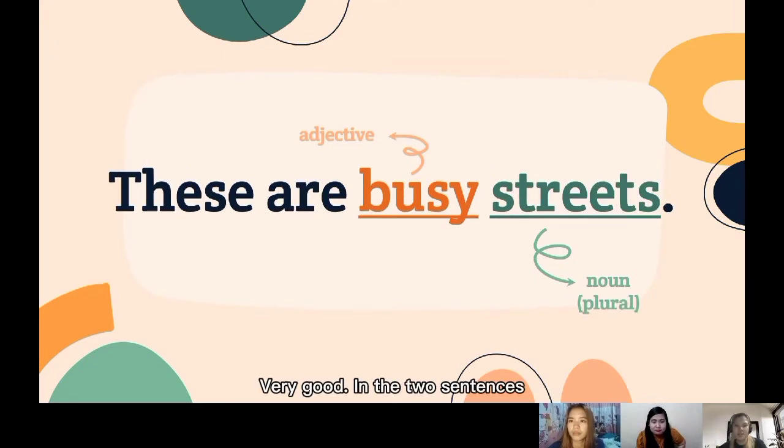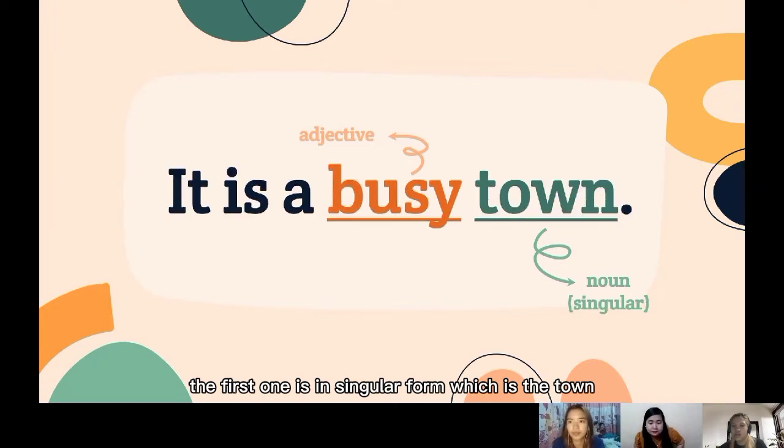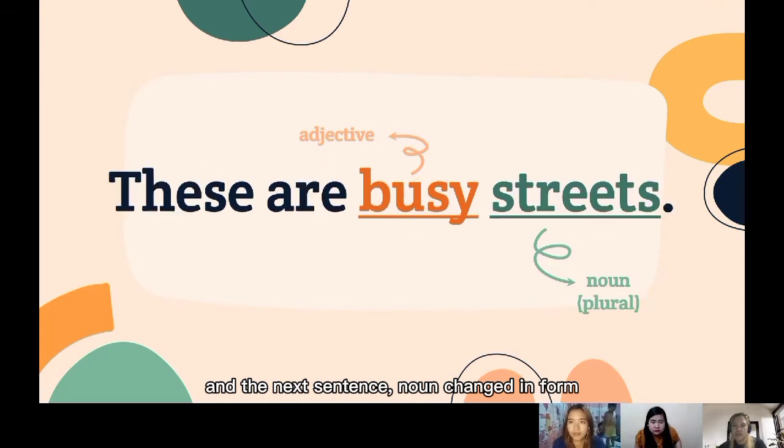Very good. In the two sentences, the nouns have changed in their form. The first one is in singular form, which is the town. And in the next sentence, the noun changed in form and it became plural.